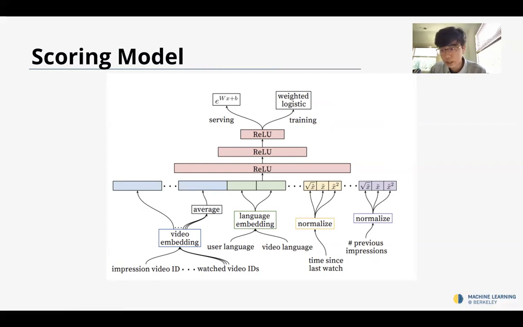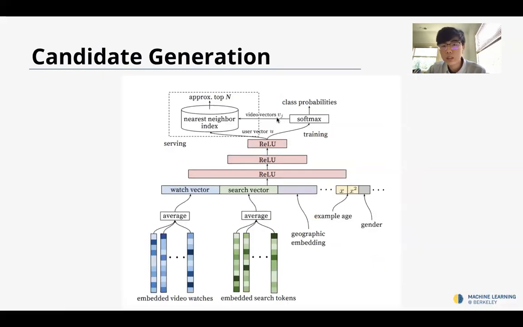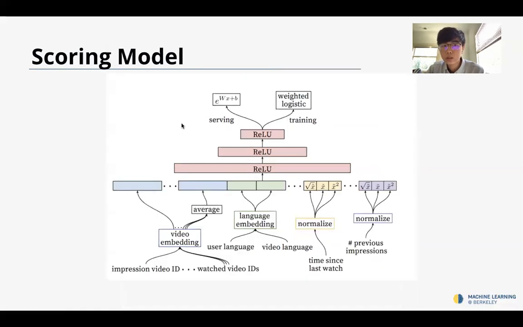And this is also the reason why you separate the scoring and candidate generation model, right? Because the video embeddings here are global, so they're the same for each user, and you just have this set of video embeddings, and the only thing that's different about each user is their own embedding that's used to retrieve these video vectors. But during scoring, you can introduce user-specific features like time since last watch.